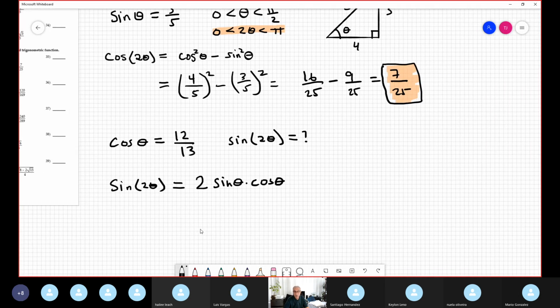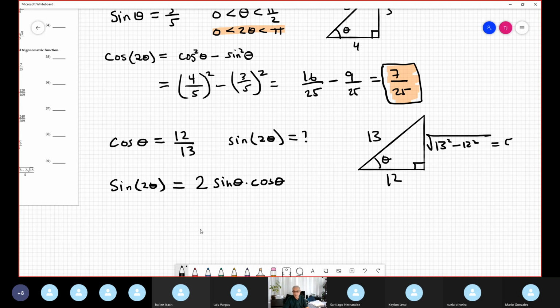The efficient way to do this is using the triangle. Okay, this is my theta, 90 degrees. Cosine by definition is adjacent over hypotenuse. Now for finding the other leg, 13 squared minus 12 squared. This is 169, this is 144, subtracting is 25, and the answer is 5.